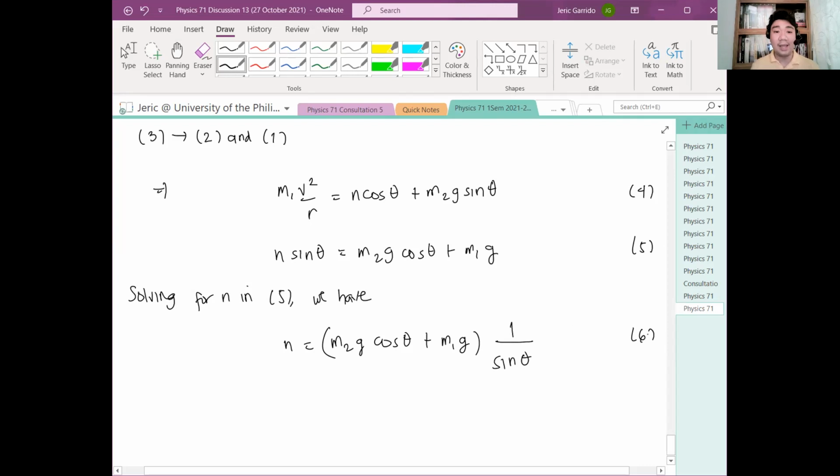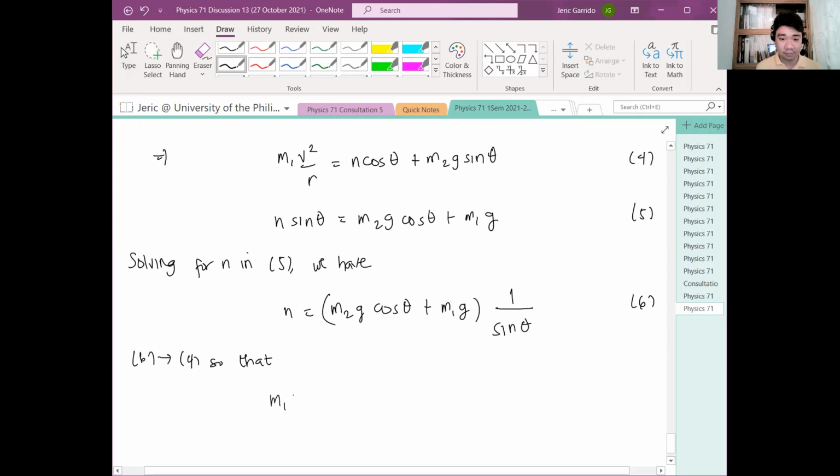Since the normal force is now known in equation 6, I can substitute equation 6 into equation 4 so that we get m1 v squared over r equals a large expression, m2g cosine theta plus m1g, times 1 over sine theta. With cosine over sine, I have a cotangent theta here, plus m2g sine theta. So this is equation 7.